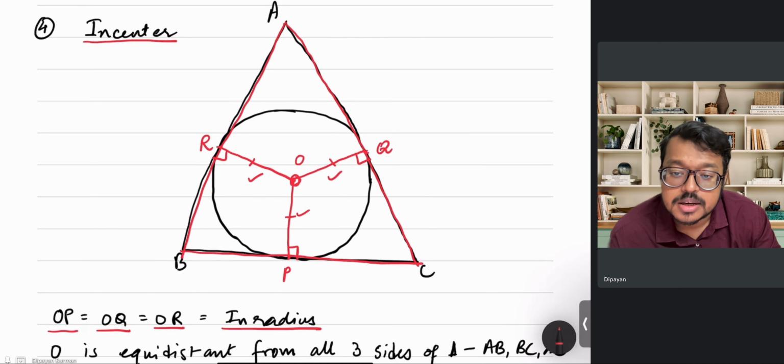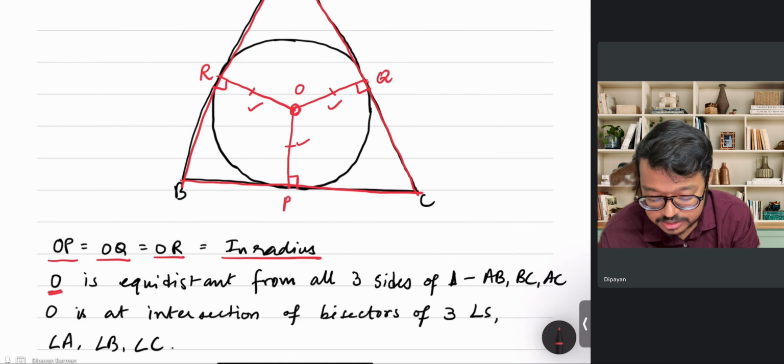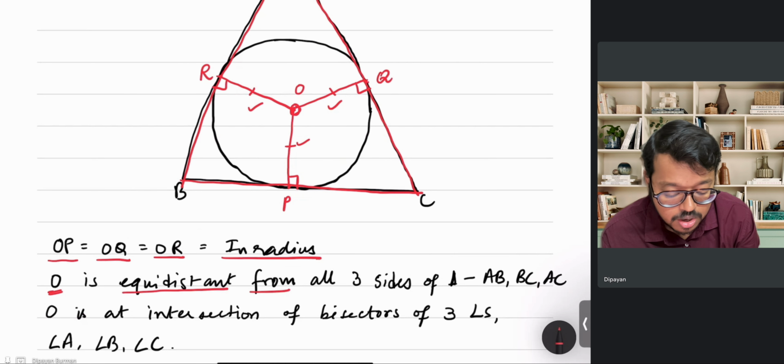So you can see that point O, the incenter, is equidistant from AB, BC and AC. So I can say that the incenter is always equidistant from all three sides of the triangle.